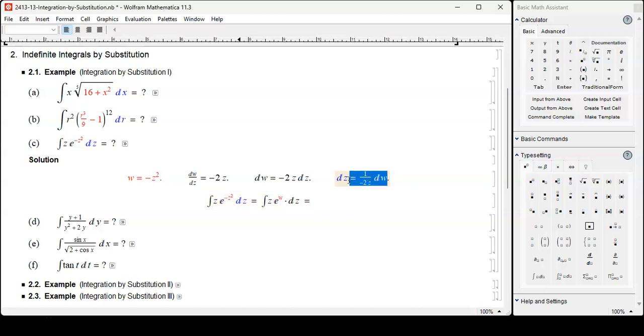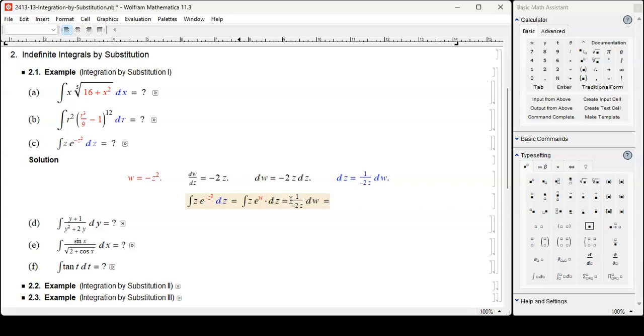Excuse me, it should be w. So that's the blue part. Did I copy and paste correctly?